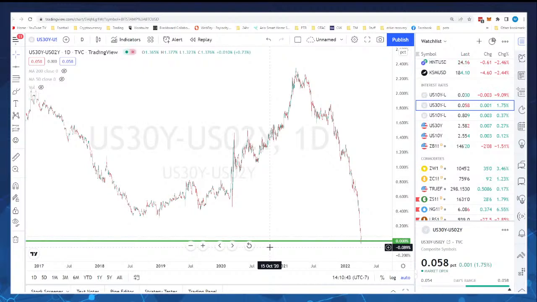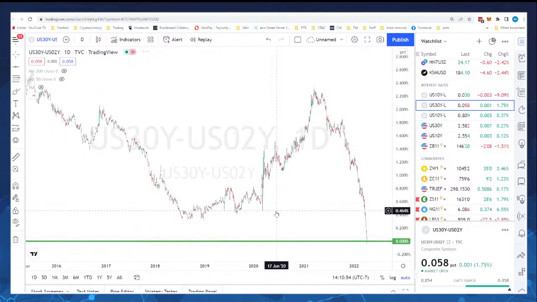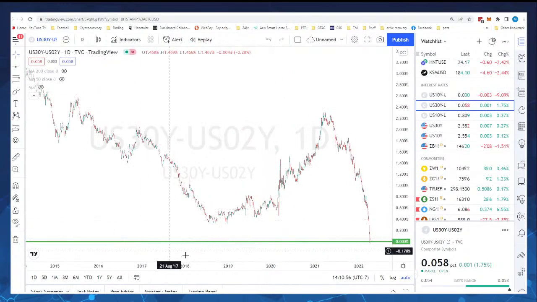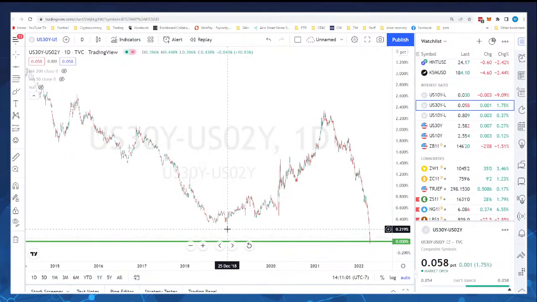Now, as of right now, you'd be making just a teensy, almost an insignificant amount more for holding 30-year bonds versus 2 years. So I wanted to just show those 3 charts to everybody to kind of paint that picture. And by the way, back in 2019, we did not have an inverted yield curve with regards to the 30-year and the 2-year. Right. So Bill, does that make a difference?